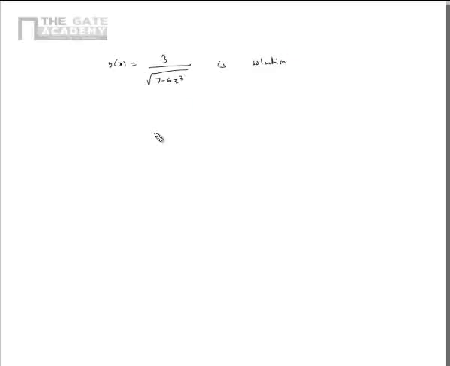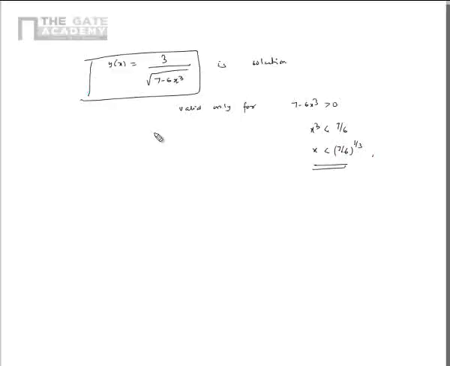And remember that it is valid only for 7 minus x cube greater than 0. From this you can get that x cube should be less than 7 by 6, and x should be less than 7 by 6 whole power 1 by 3. So this is the solution which is valid for this.